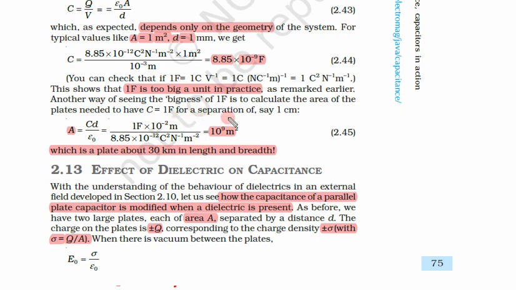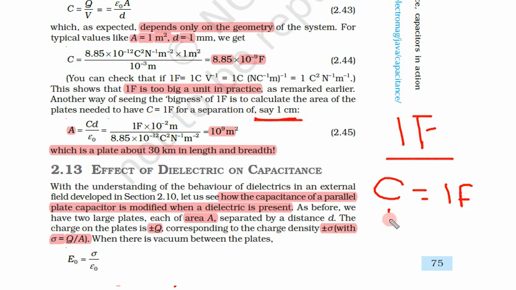So now let us see how big 1 farad is. Again, let us calculate how big 1 farad is. Now capacitance is 1 farad. We take capacitance to be 1 farad, and plates are 1 centimeter apart. D is equal to 1 centimeter. Let us calculate the area.